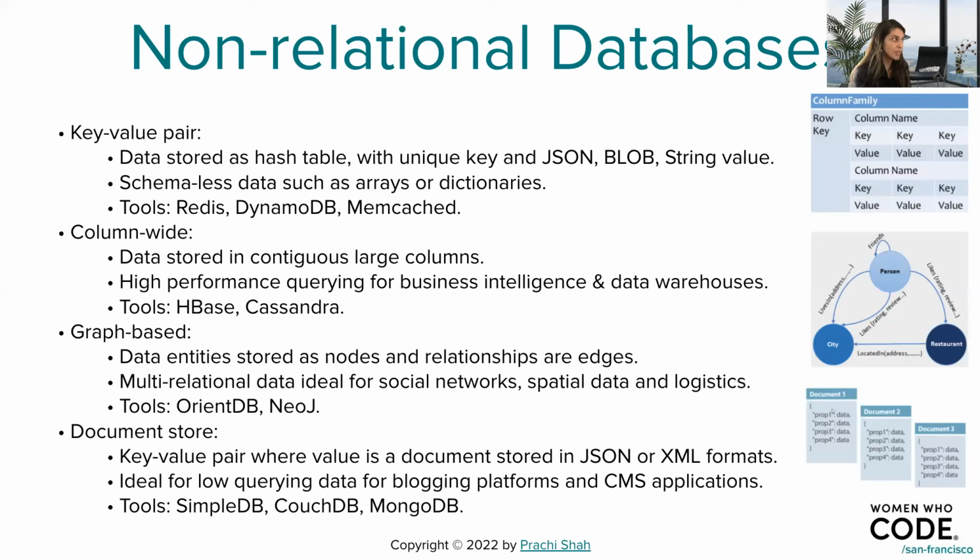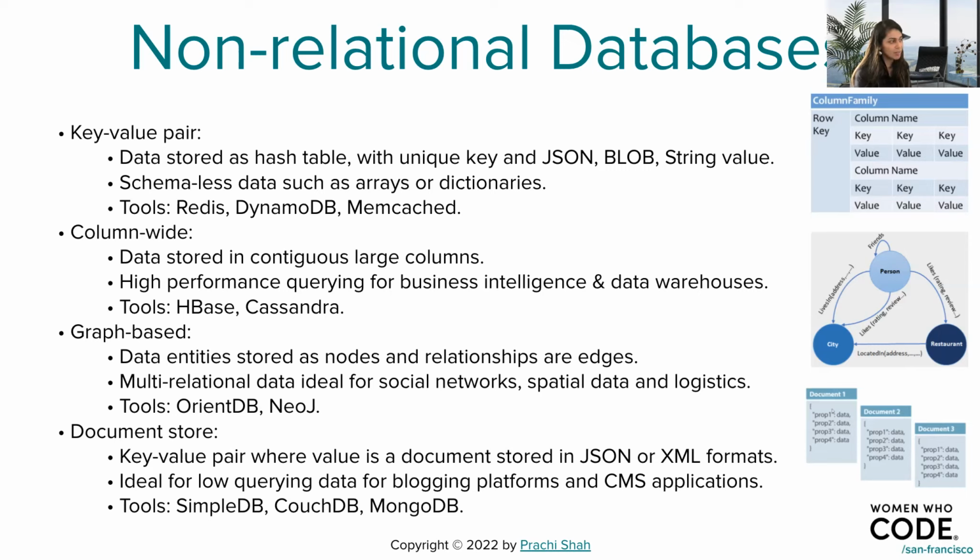Another type of NoSQL database is graph-based, where you have a typical graph structure. You have nodes and edges. Your data entities, or data points, are stored as nodes, and the relationships between these nodes are called edges.